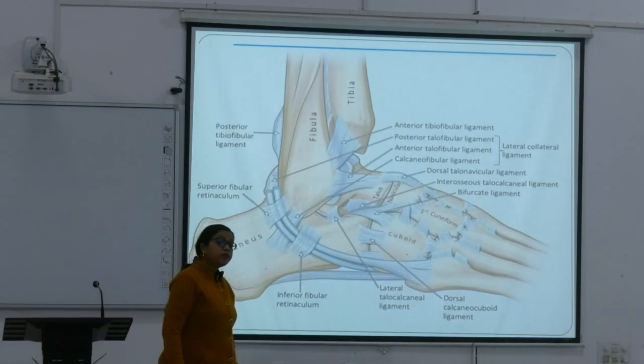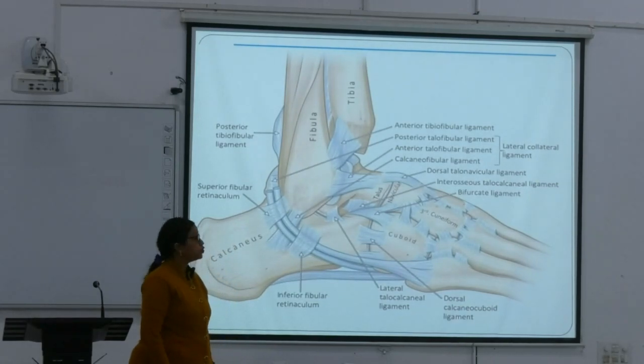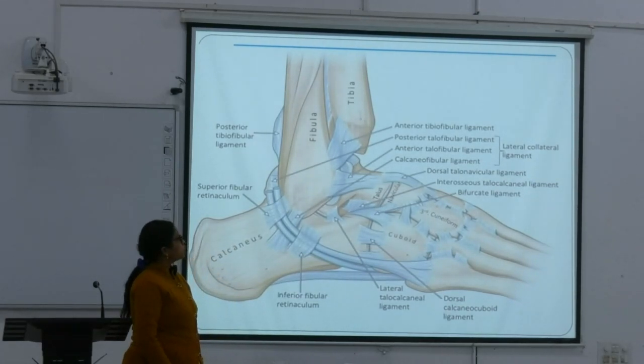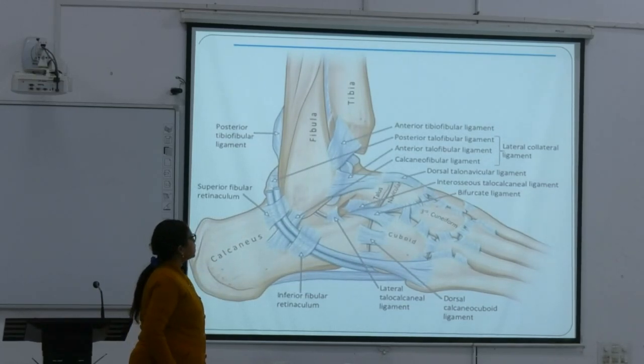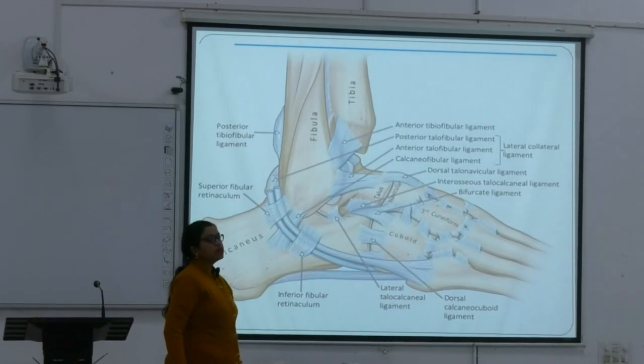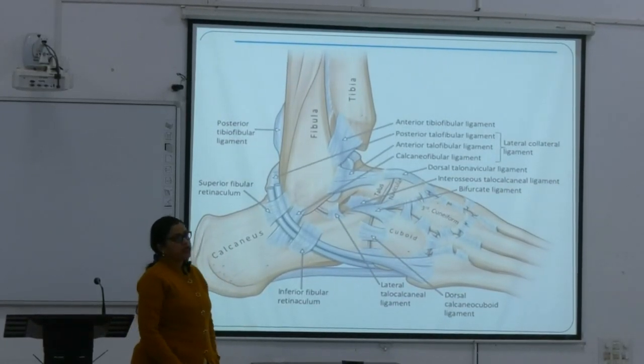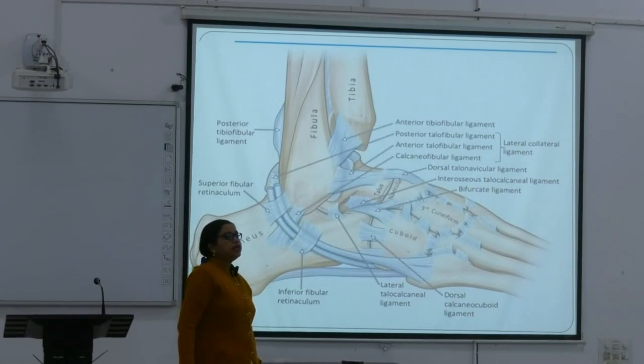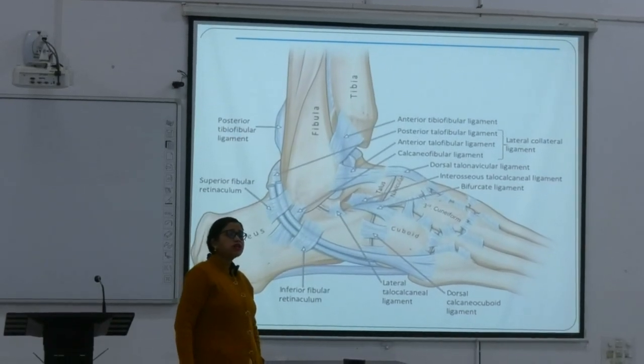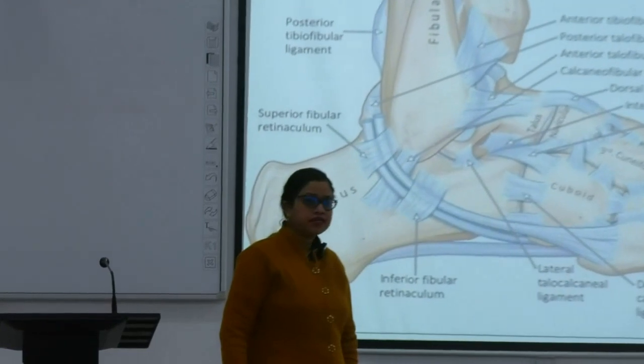These are the ligaments of the TCN, the only ligaments of the TCN. There are three ligaments, you can see the picture. First one is the dorsal talonavicular ligament, the superior one. Then next you have the intraosseous talocalcaneal ligament, which is the content of the sinus tarsi.